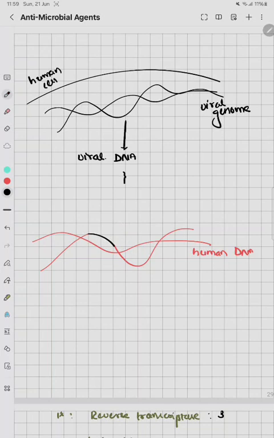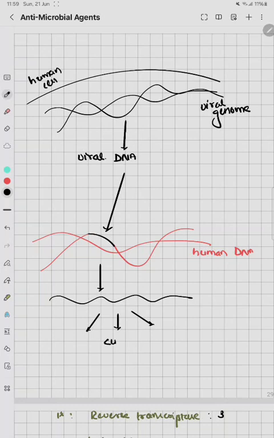So now the virus exploits the cell machinery to produce proteins and assemble itself to form a daughter virion. Again there will be a polypeptide formation that is cleaved to form different parts of the virion.